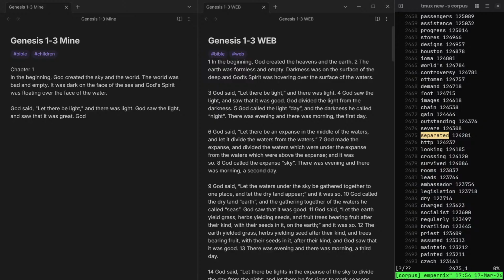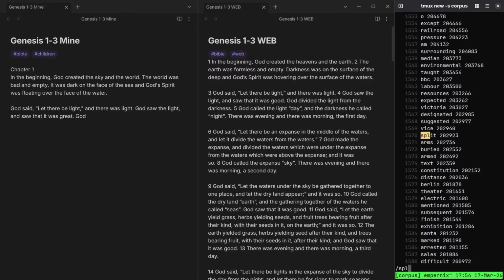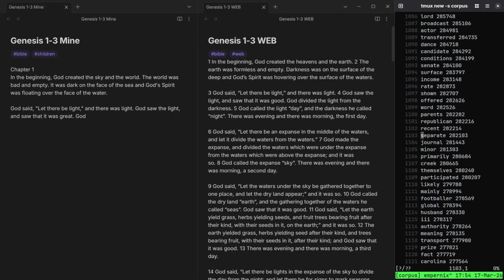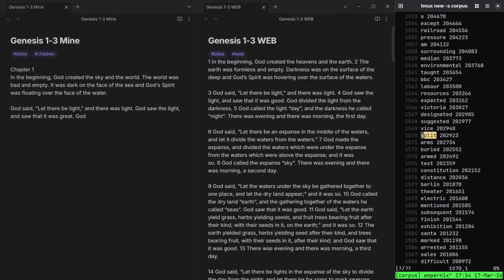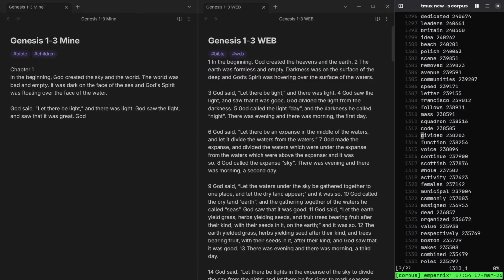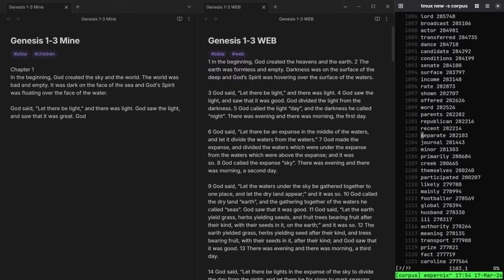Am I going to be relying so much on this thesaurus I can't show you guys? Oh, there we go. Split. Believe it or not, it's not really the winner. 13. Divided is more common than split.